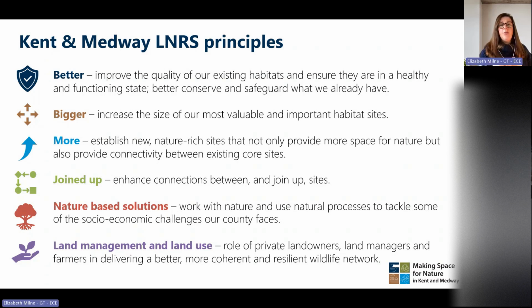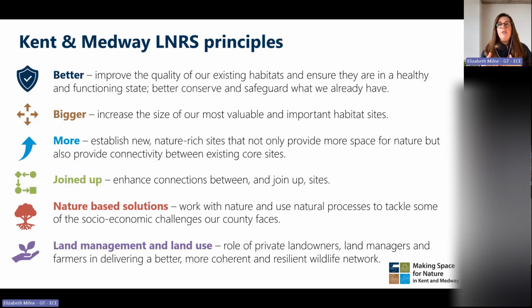We then move to increasing the size of these habitats and looking to expand and extend our most valuable and important habitat sites in the county. Then we look to establish new nature-rich sites, not only to provide more space for nature, but also to help deliver on the 4th principle, which is joining up our sites and making sure that connections are there between all of our key sites, and that the landscape is one that wildlife can move across.